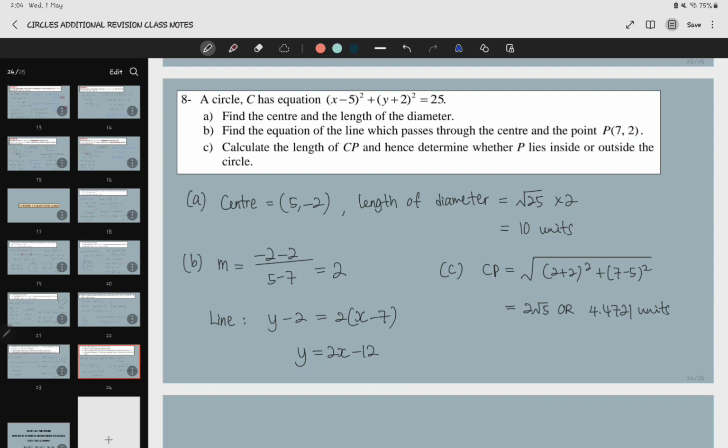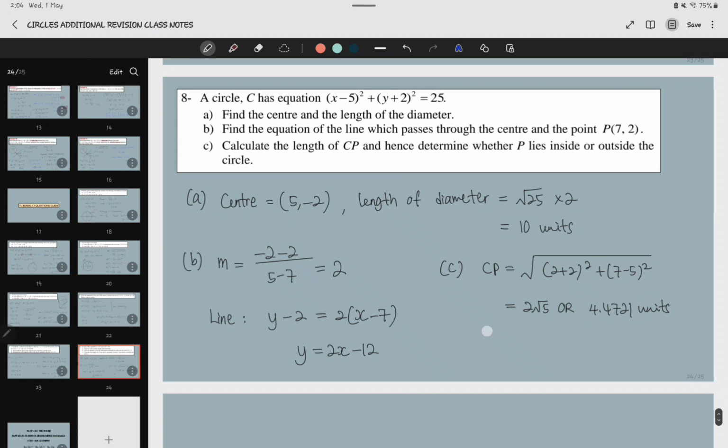The radius is 5 units, CP is 4 point something. When it's less than the radius, it lies inside the circle. So you can just write, since CP is less than r, thus the point P lies in the circle, because it's shorter than the radius.